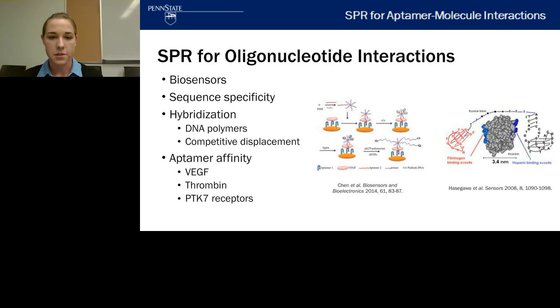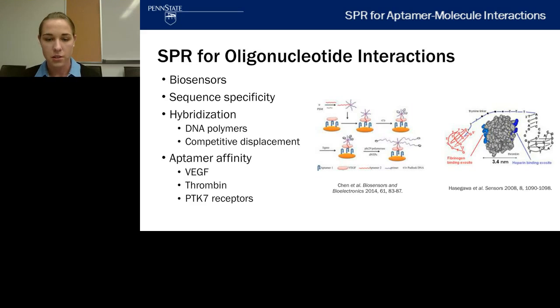Our group uses surface plasmon resonance in many ways, but also other groups are very interested in using surface plasmon resonance to look at oligonucleotide interactions with other biomolecules. So some of these applications are listed here. Biosensors is a great application for surface plasmon resonance and oligonucleotides.